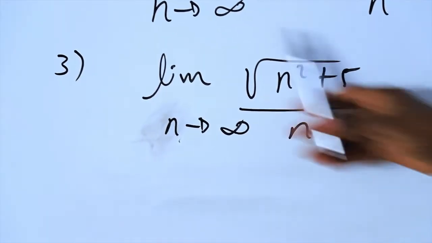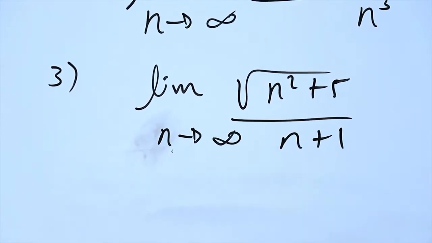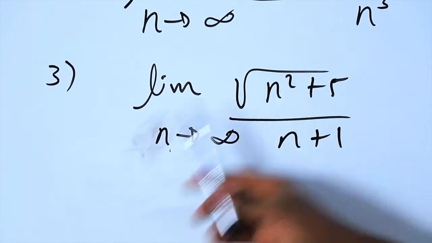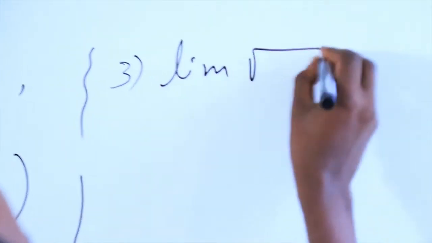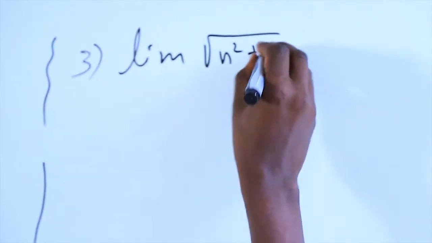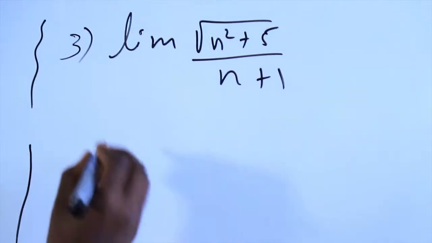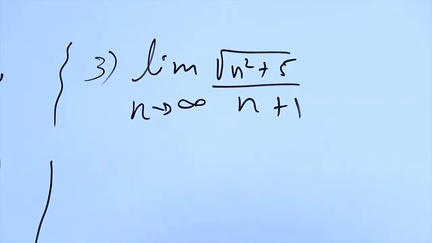Now let's see the third problem. The third problem says: the limit of the square root of n squared plus 5 over n plus 1 as the value of n approaches infinity.